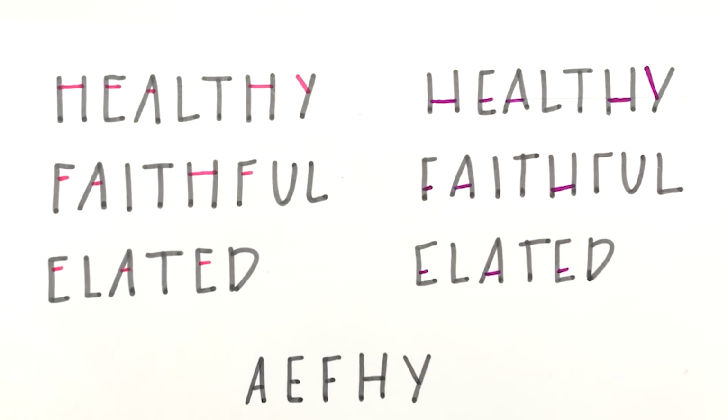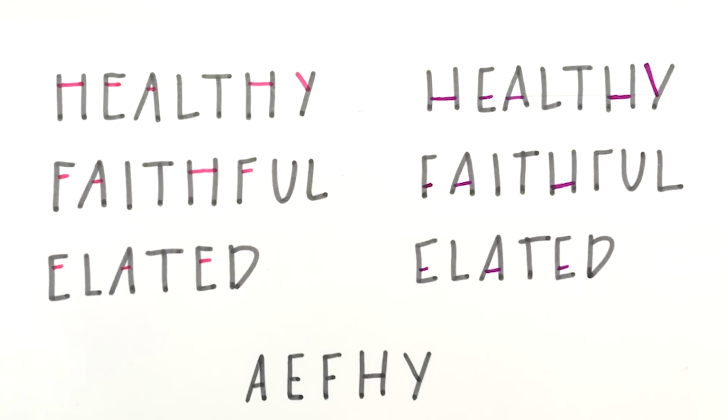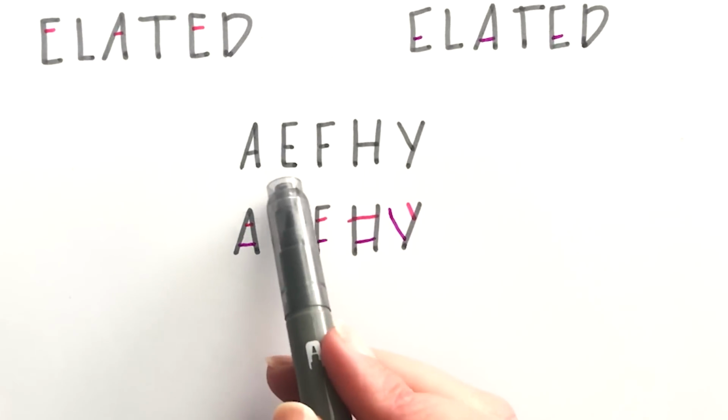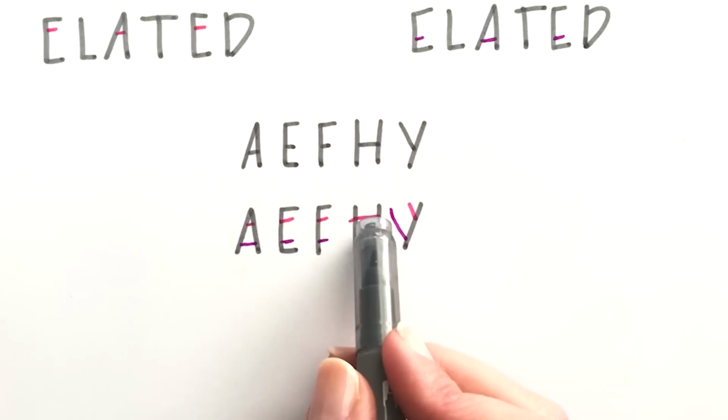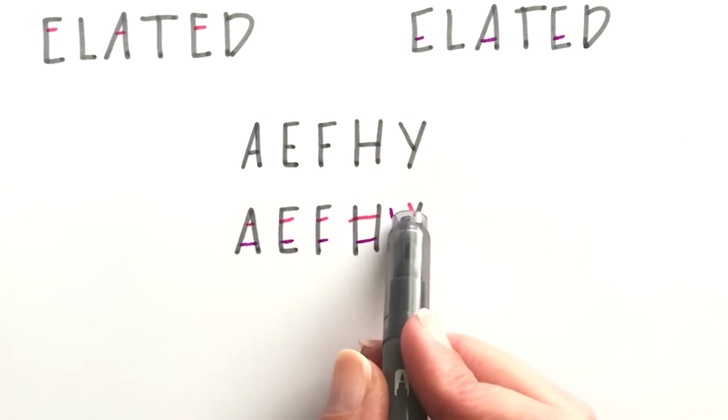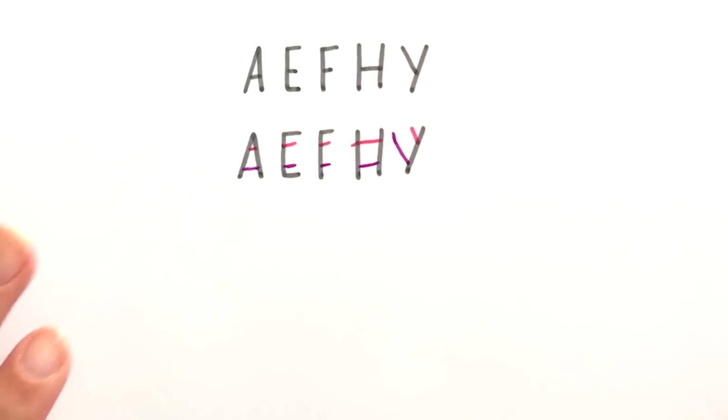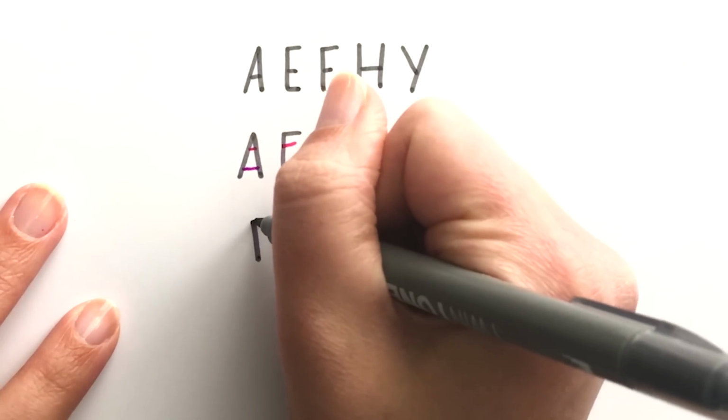Okay, so as you start experimenting, I would definitely start with these letters down here just because they're very straightforward in terms of the crossbar is just on the middle in the traditional format, and then you move it up or down. The Y is a little bit different because it's not just a horizontal line. But as you start to look at some other letters, for example, let's look at the letter P. Traditionally you would make your P like this.